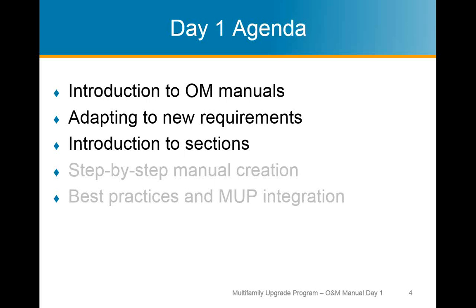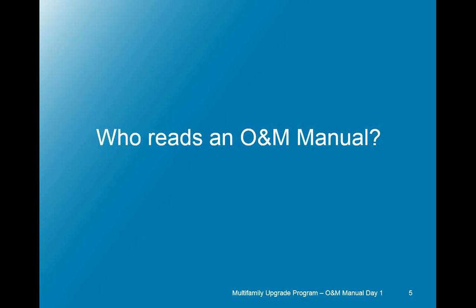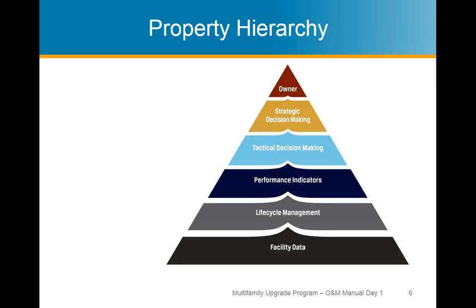So to begin, fundamentally, who reads an O&M manual, operations and maintenance manual? What's the intended audience? So for those of you that may have been in attendance in the asset management webinar that we did, this hierarchy will probably look a little familiar.